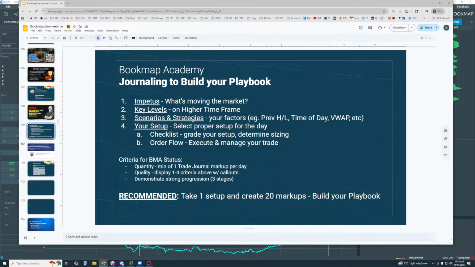Then pick your setup. Okay, this will work for any way of trading. You're going to go through this process. For swing trades, you're going to do the same thing. Okay, it might be a little bit different. You'd have a bigger picture, not just impetus, but like you would have an idea for an outcome, and look for that to see if it plays out or not.